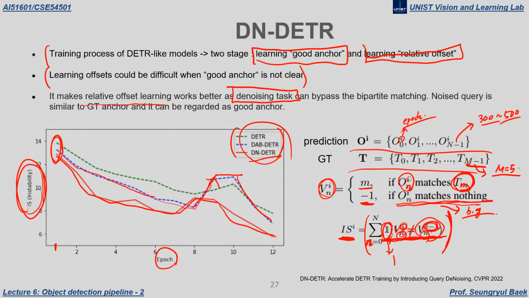So relative offset learning: by using this denoising task, even though they are noised, somehow a good anchor is secured by the noised queries. So the DETR can rather concentrate on the offset learning, right? By supplying the noised queries, okay?